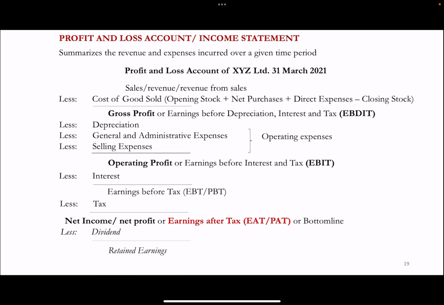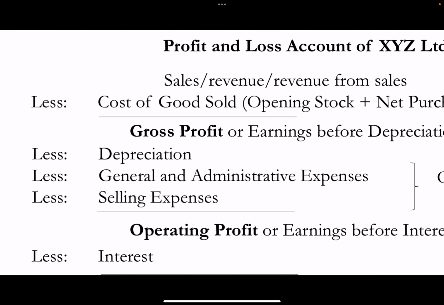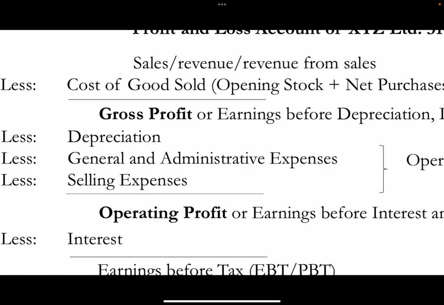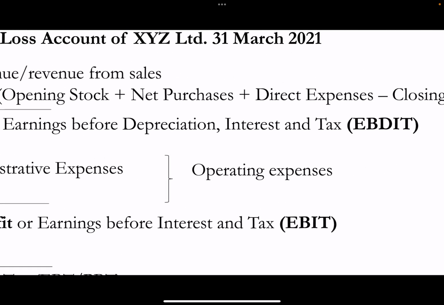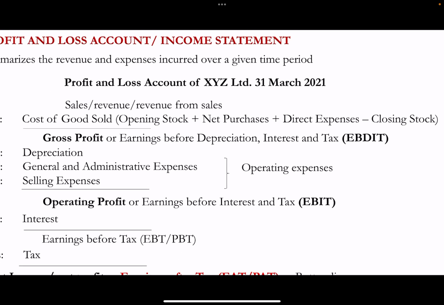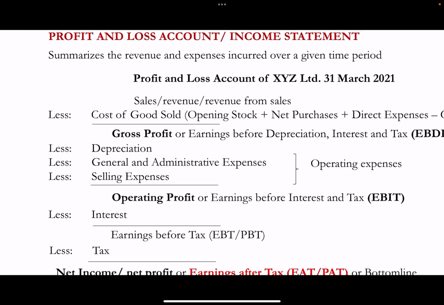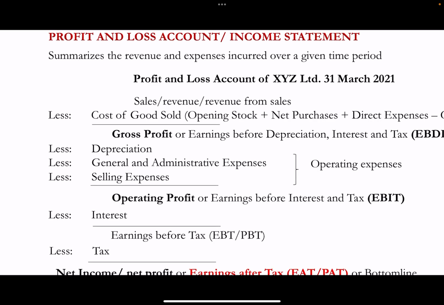Then the second thing that comes is that you have to deduct these three very important things, which we can call operating expenses. From EBDIT you deduct operating expenses, which are depreciation, general and administrative expenses, and selling expenses.